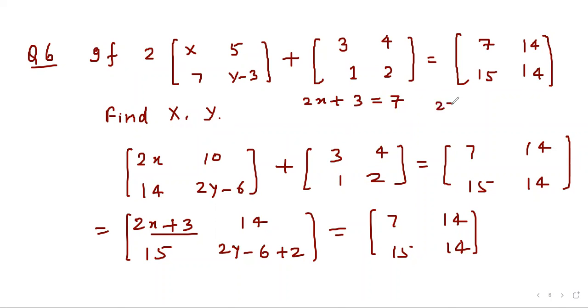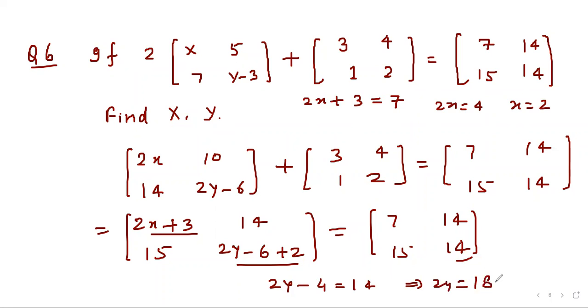So that will give 2x equal to 4, or x equal to 2. Now consider this one. So this will become 2y minus 4 equal to 14. So 2y equal to 18, from where we get y equal to 9. So we have got the answer.